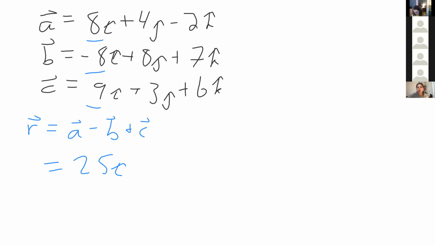For the j component, we do 4 minus 8 gives us -4, plus 3 gives us -1 j hat, or just minus j hat. And then -2 minus 7 gives us -9, plus 6 gives us -3 k hat. And that will be your parts A, B, and C. So you get half the credit right there.